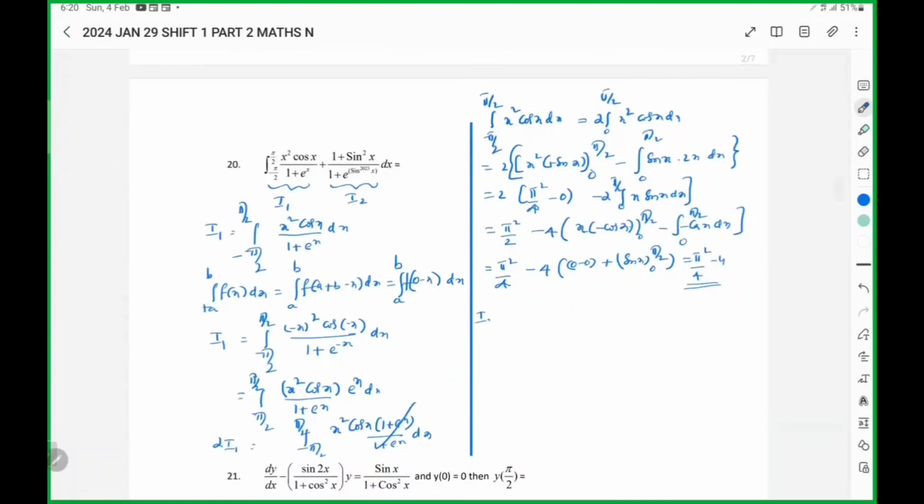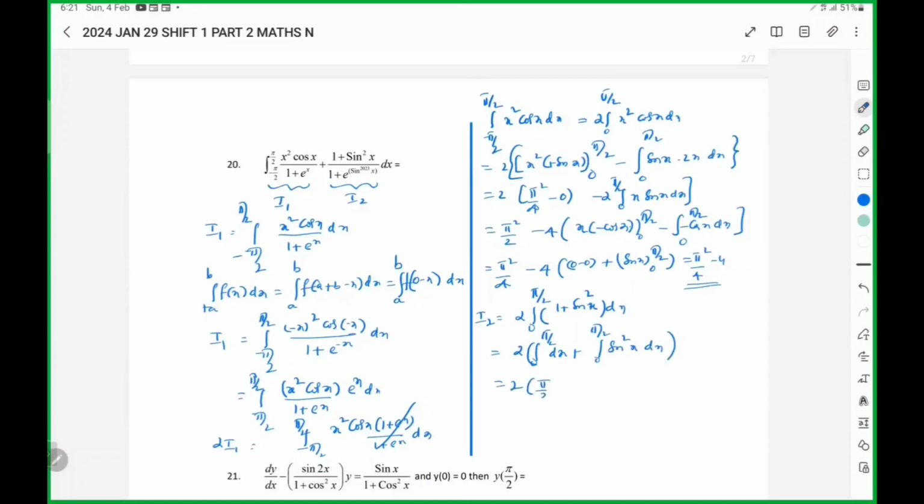In a similar way, for the second integral I am straight away writing, using the same property to get this, the remaining gets cancelled out. So it is 2 times integral 0 to pi by 2 sine square x dx.